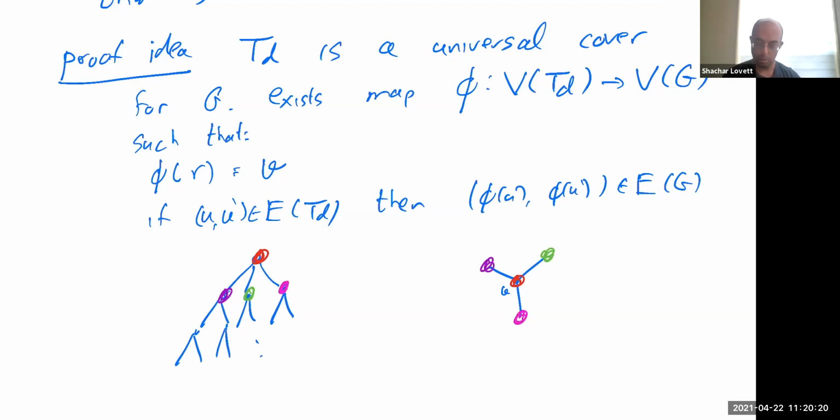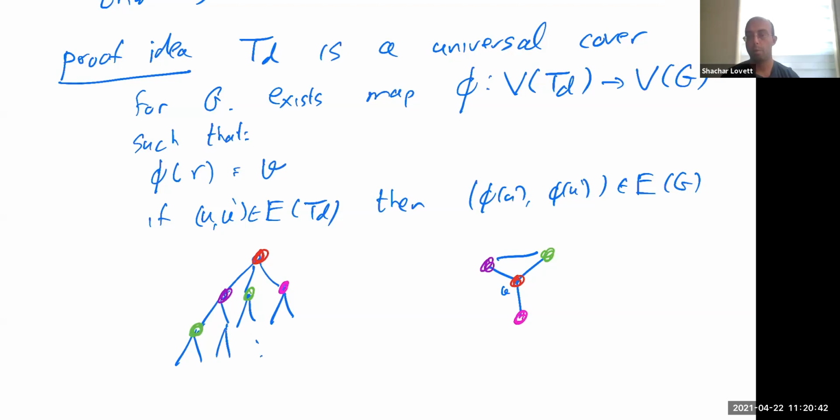And I'm just going to keep going. For this purple one, maybe the green one is one of its neighbors, so we also make this green one one of the children of this purple one. We're not claiming this is a one-to-one map.